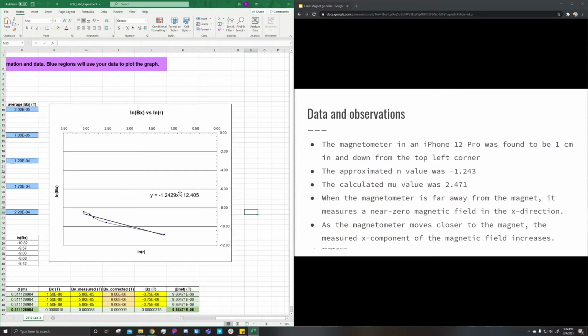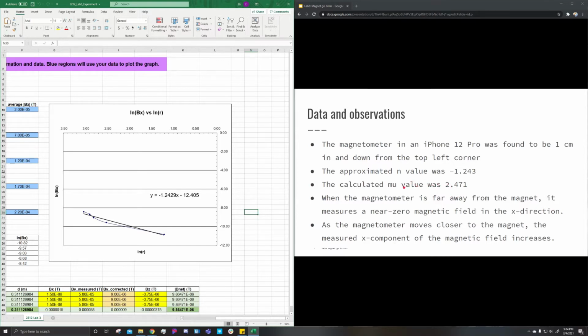And so once these values were plugged into the general dipole equation based on the distance, the second formula I showed on there, mu was found to be 2.471, so that is the dipole moment.